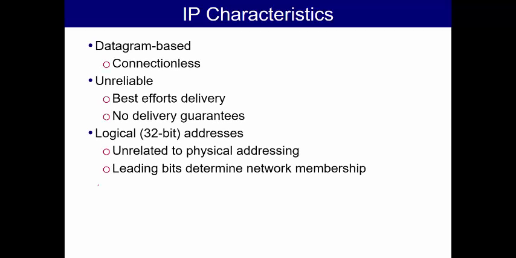An IP address, IP characteristics. IP is datagram based. IP is not really reliable, which means it doesn't care. Once they send it out, if it successfully arrives, it arrives, but it may drop some packets.